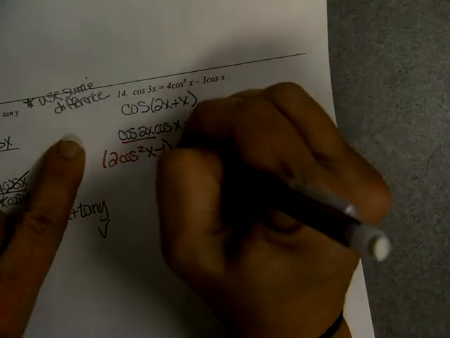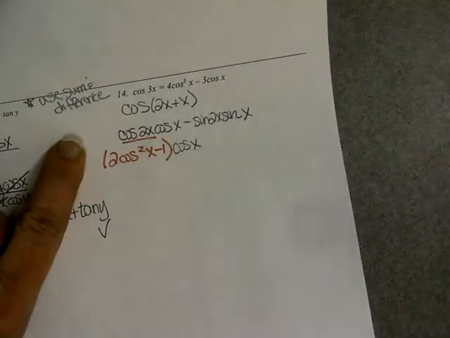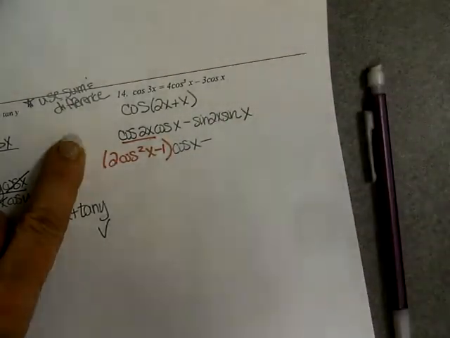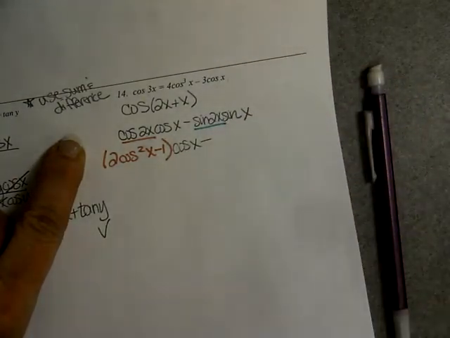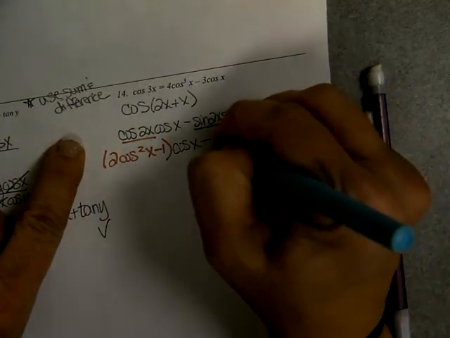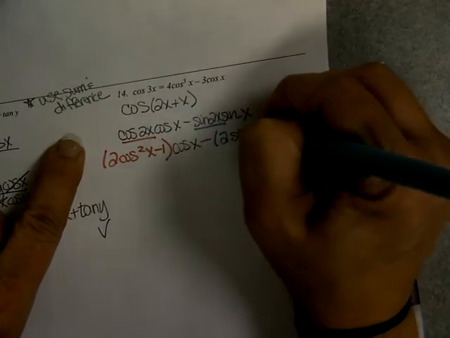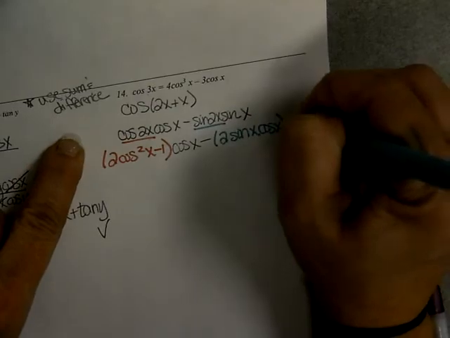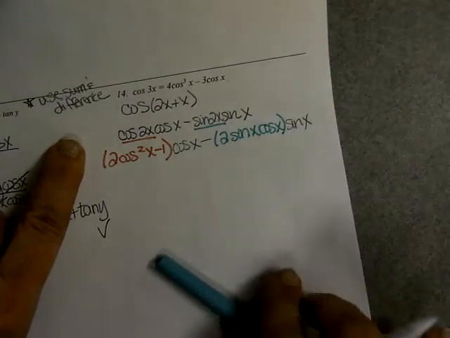So we still have that times the cosine of x. And then we also want to change the sine of 2x, so we're going to change that to 2 sine x cosine x. And then we still have this sine of x that's over here.